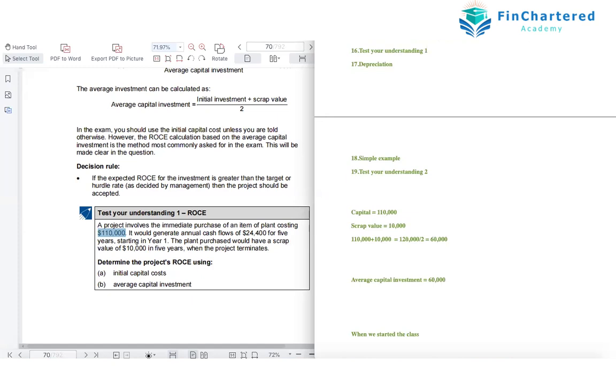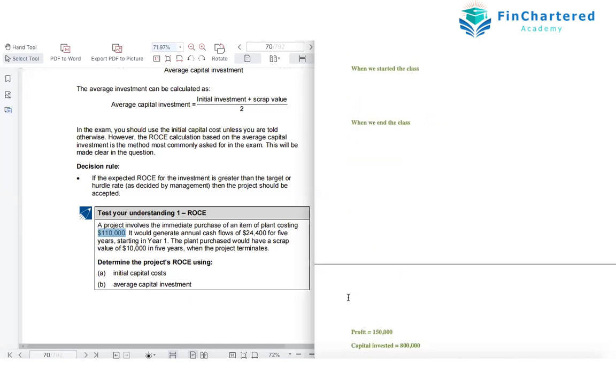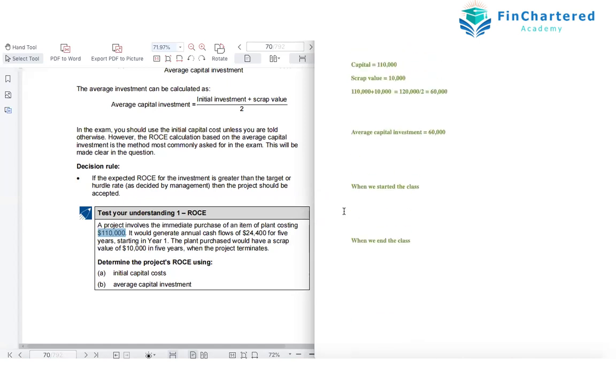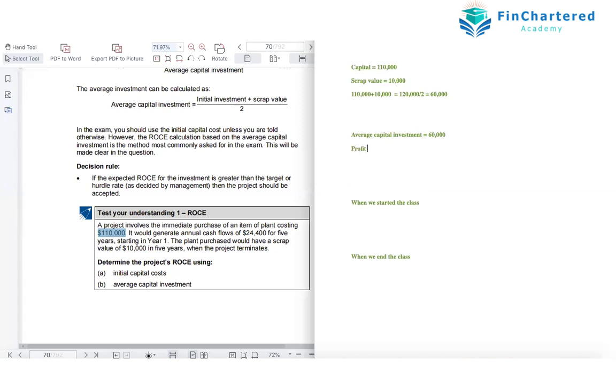So here what you are doing is going back to the ingredients. How much was the profit in this example? Profit was 4,400. I'm not doing the calculation again.